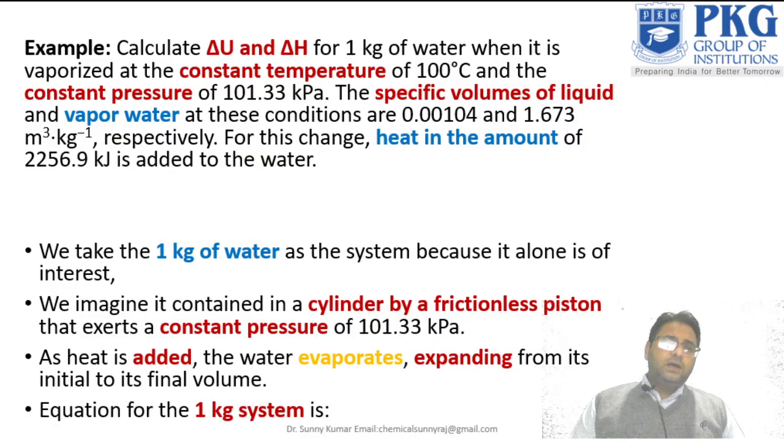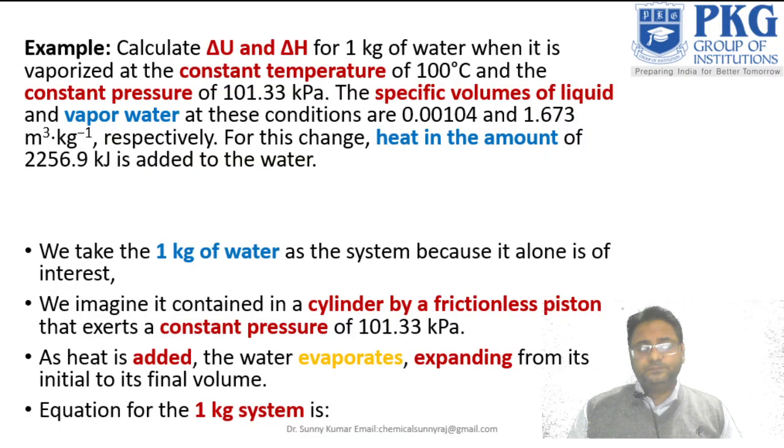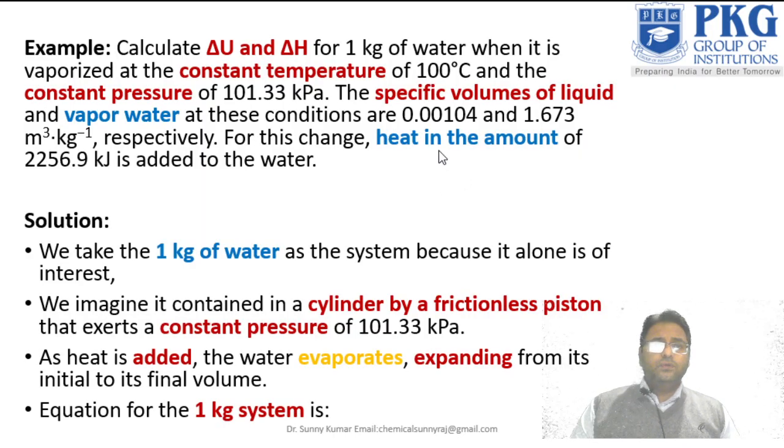So now we will see another example. We have to calculate the internal energy del U and del H for 1 kilogram of water when it is vaporized at a constant temperature of 100 degrees centigrade and a constant pressure of 101.33 kilopascal.